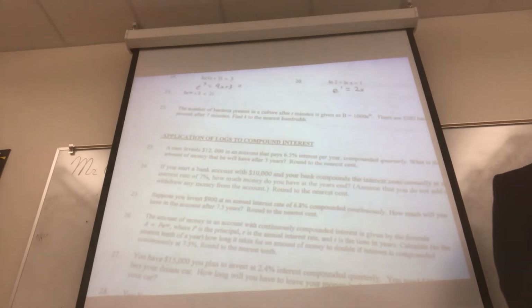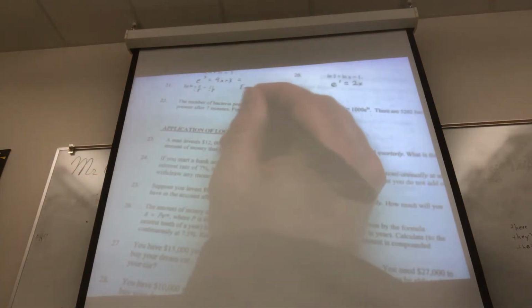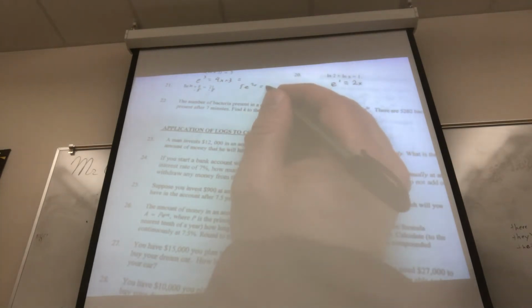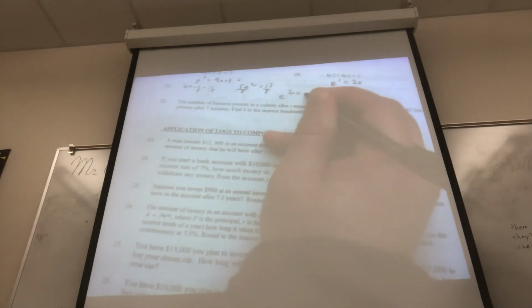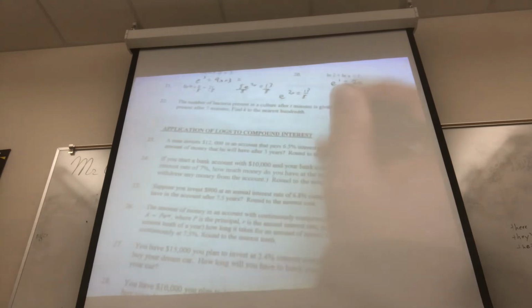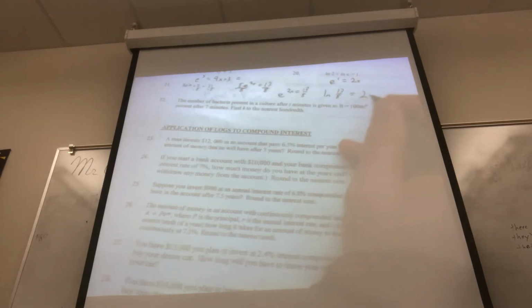And then on number 21, 8e to the 2x plus 8 equals 21. You subtract 8, that's 8e to the 2x is equal to 21 minus 8, which is 13. Divide by 8, that's e raised to the 2x is equal to 13 over 8. So that's the natural log of 13 over 8 is equal to 2x.